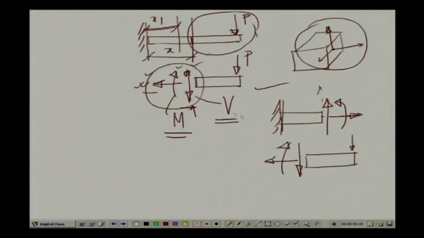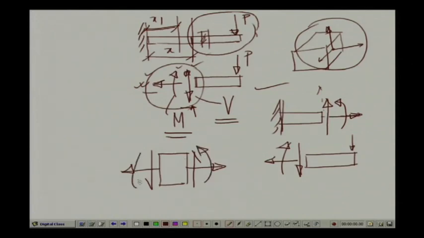If we just take an element out from this particular beam, the forces which we call positive are: shear on the right face going upward, on the left face downward; axial force on the right side pointing towards the positive x direction, and on this side towards the negative x direction; and the moment which is anticlockwise here and clockwise on this face.